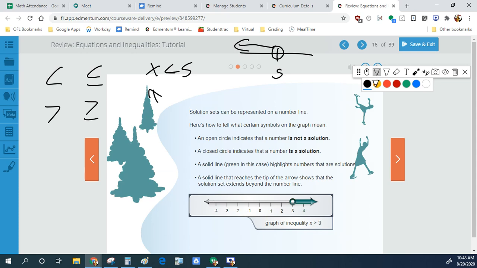But let's say this was less than or equal to. That means we want to include this 5, so this circle isn't empty anymore. We want to include it, so we're going to fill it in. When we're graphing with two variables, later on we'll see that this is the difference between a dotted line and a solid line.